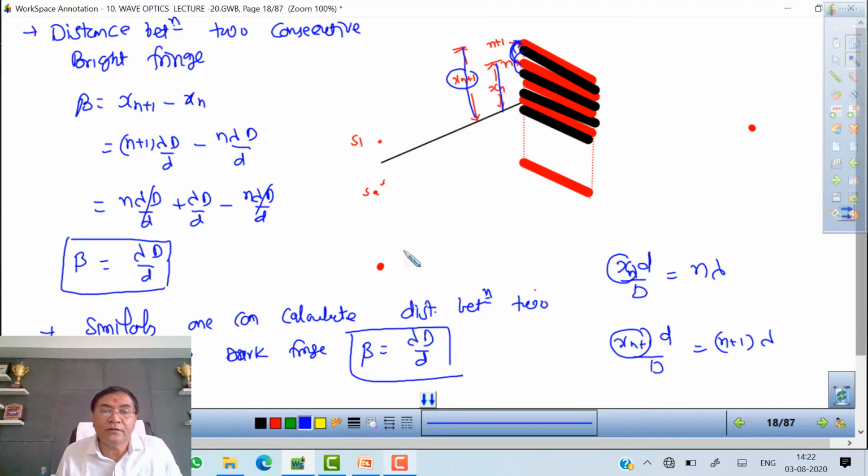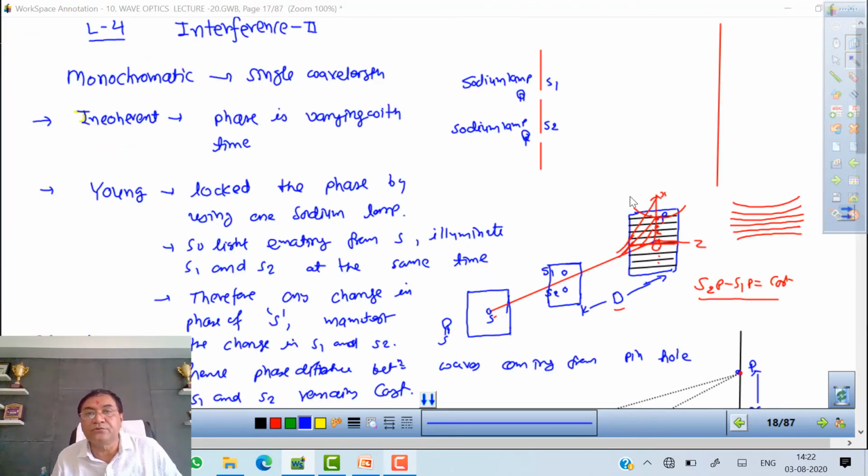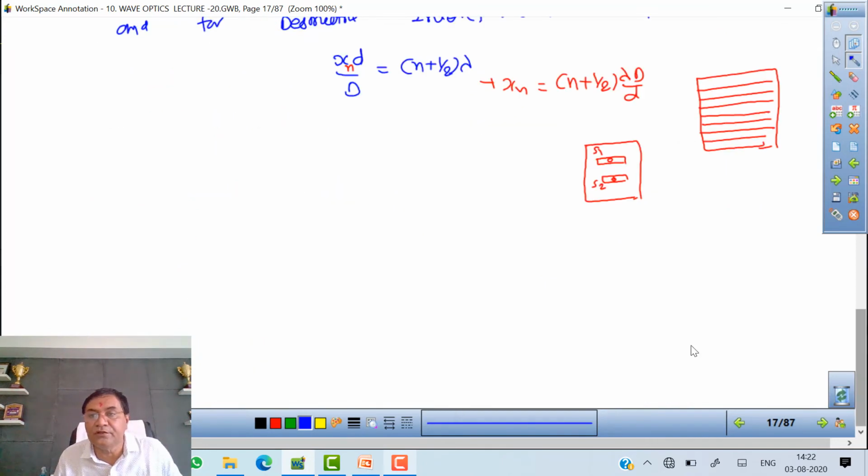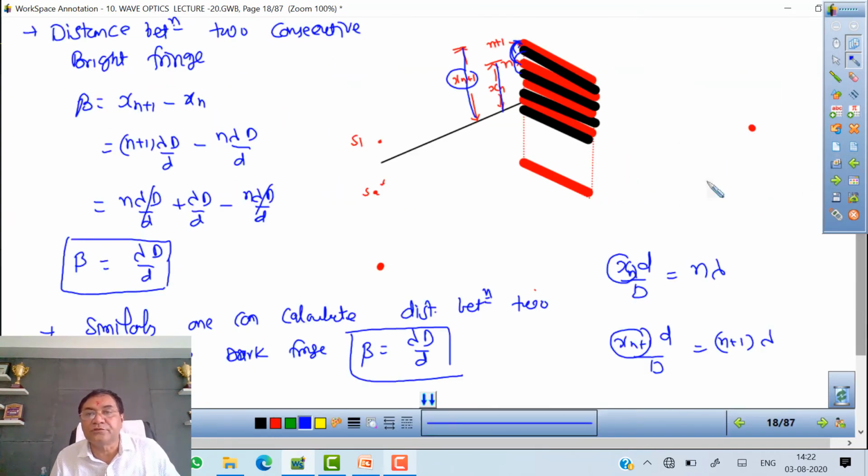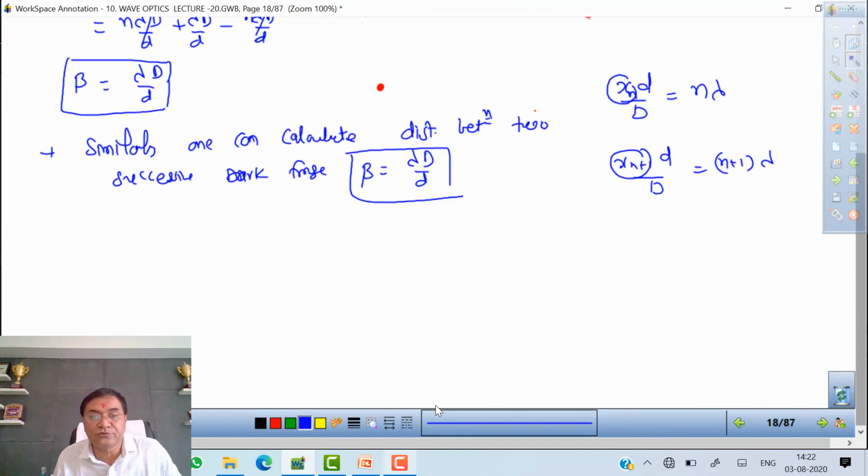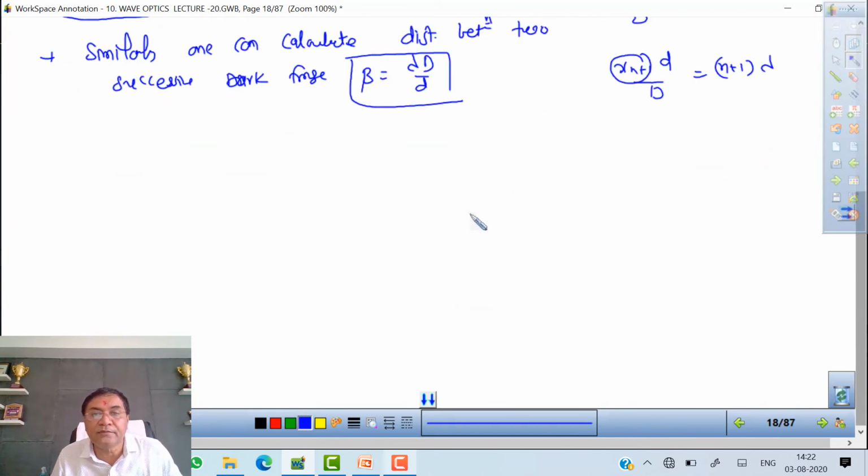See, whatever the position of the screen, હું નજીક રાખું કે દૂર લઈ જાઉં, angular position will not change. See, it is a very important thing. Angular position. અહીંયા આગળ મેં slits રાખ્યા હતા અને અહીંયા screen રાખી હતી.